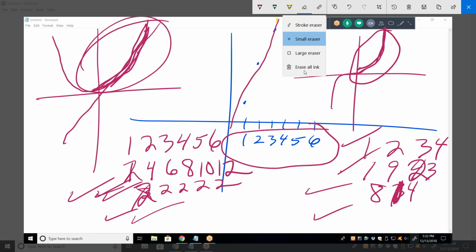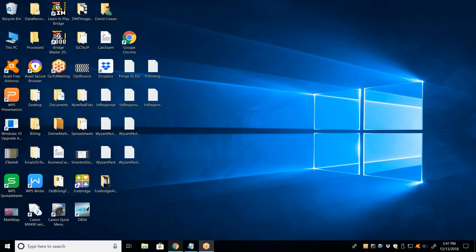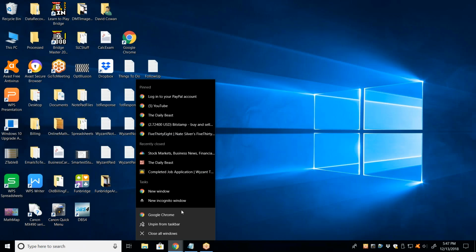I think it might be Desmos. I'm not sure, I remember that name. Desmos? Let's give it a shot, not that we want to waste too much time.